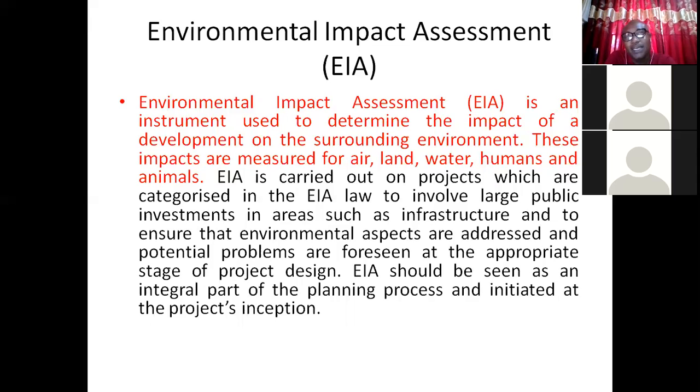That means it is what we use to determine the likely impact a project will have on the environment before what? Before it's commenced. That means we should carry out the EIA before the project starts.